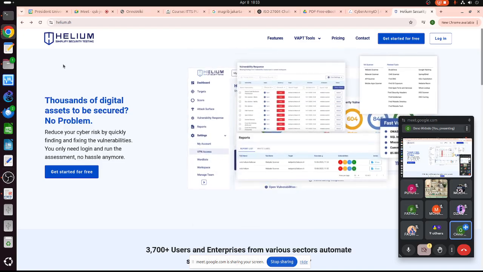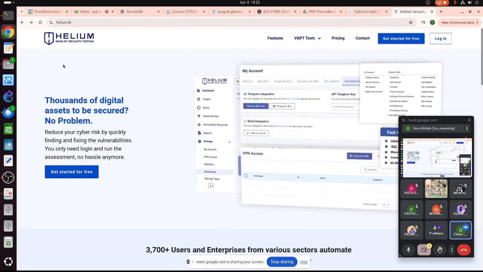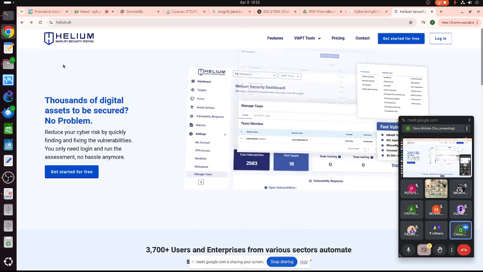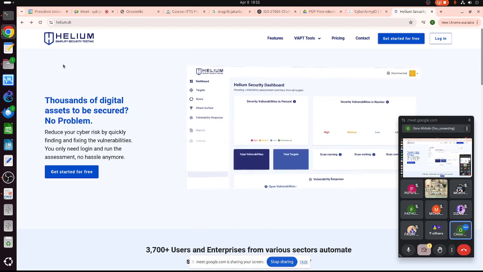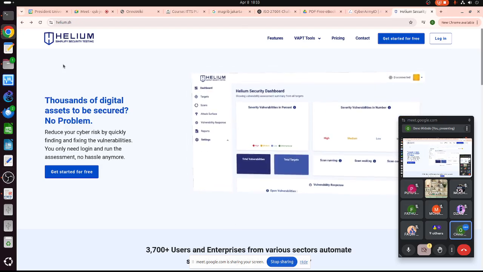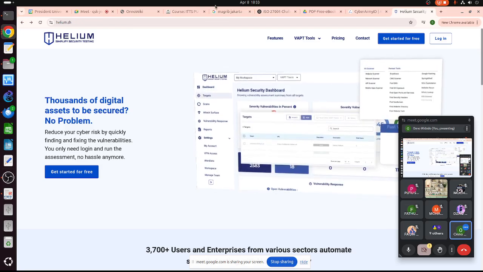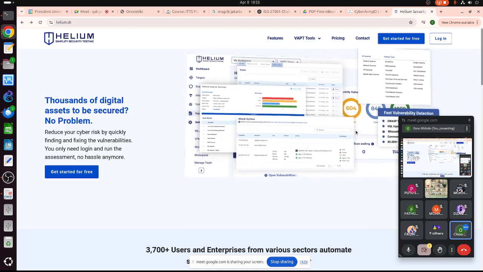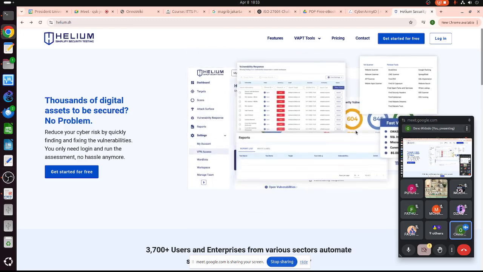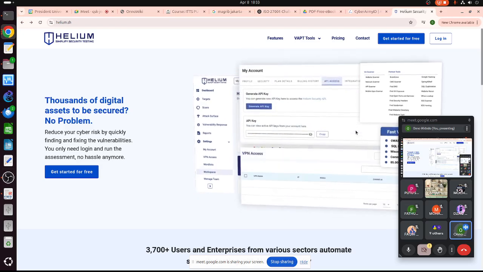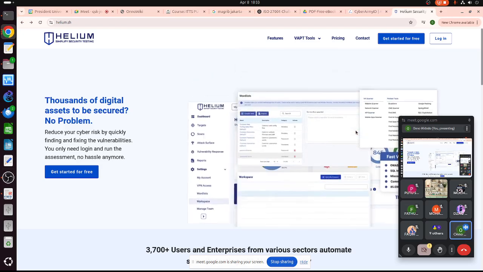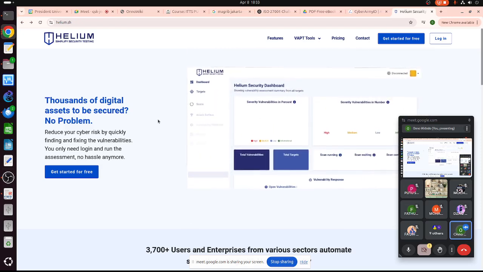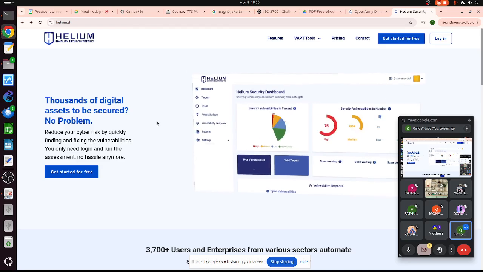They have a web-based platform that can automatically evaluate your websites. It can show you the severity, the condition of your website, whether it can be attacked or it has vulnerabilities. It will give you the report. Okay, that's one of the platforms.